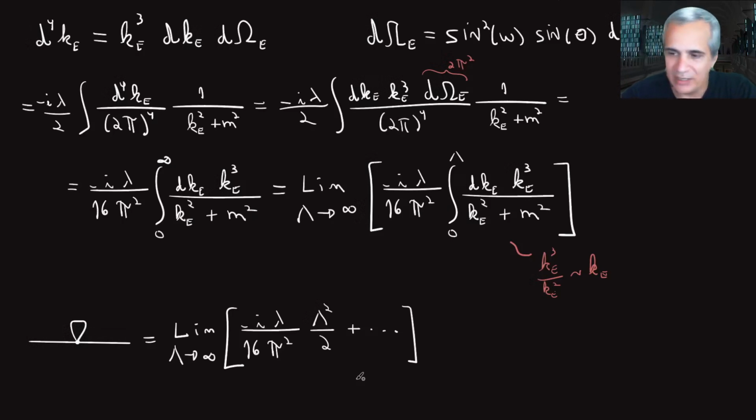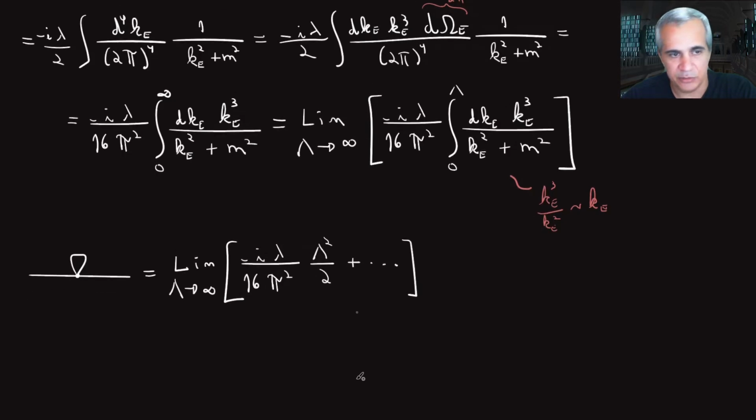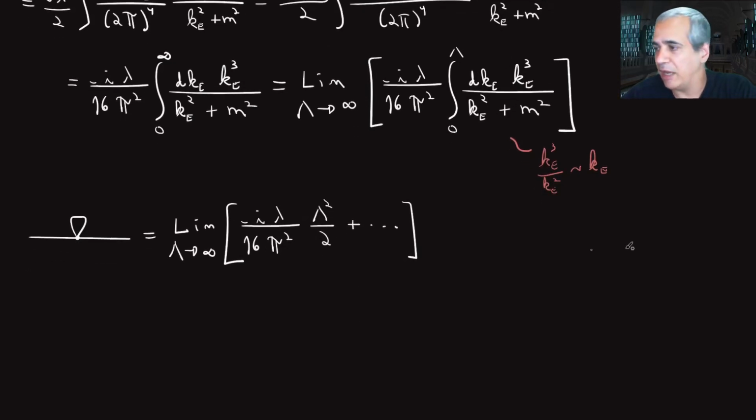In order to get these things under control, we have a method called regularization. Regularization is a way to modify a diverging quantity so that it becomes finite, which is what you have inside here, but you recover, of course, the divergence under some limit, which in this case is just taking Lambda back to infinity.